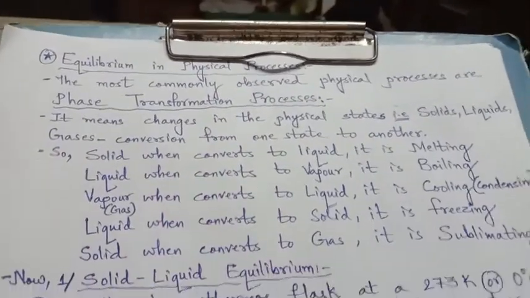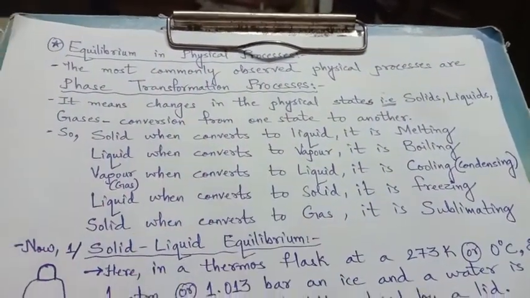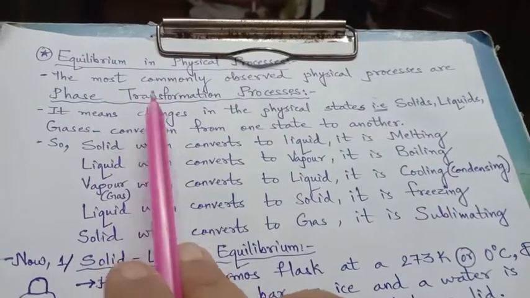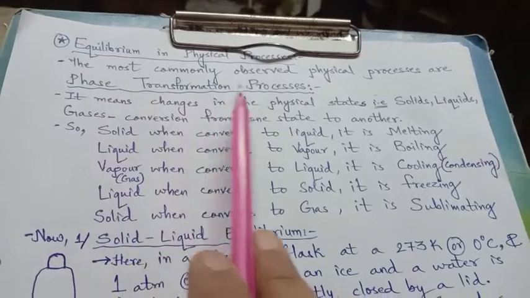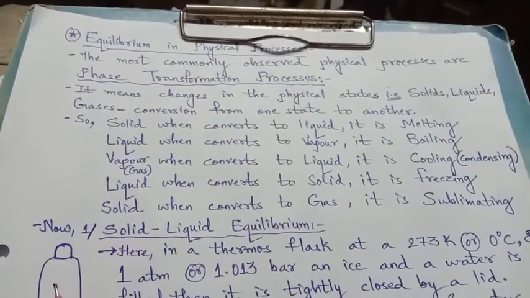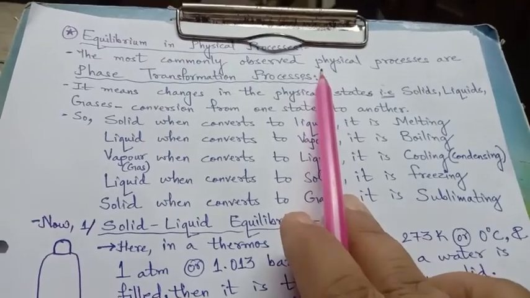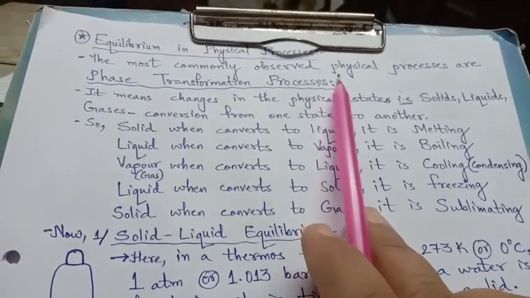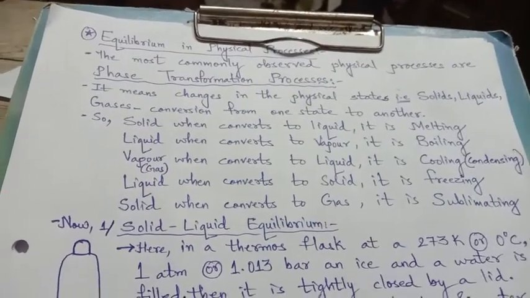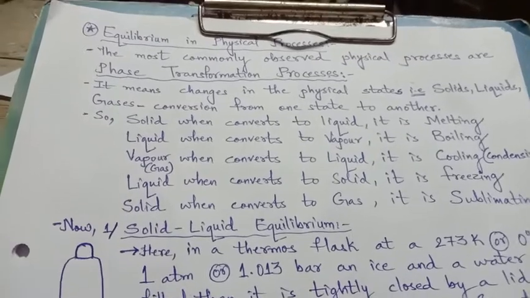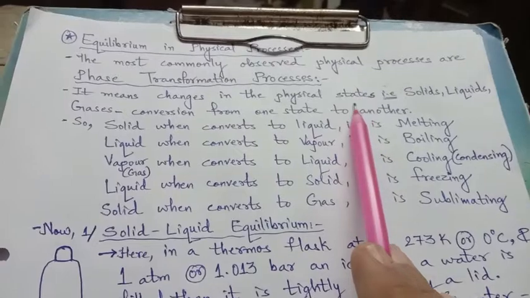So let us first discuss equilibrium in physical processes. The most commonly observed physical processes are phase transformation processes. Physical is a thing which is seen by us, which can be touched by us, which can be understood by just having a glance at it. This is all termed as physical. And phase transformation means changes taking place in the physical states.